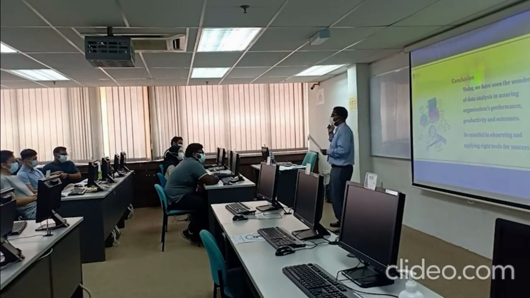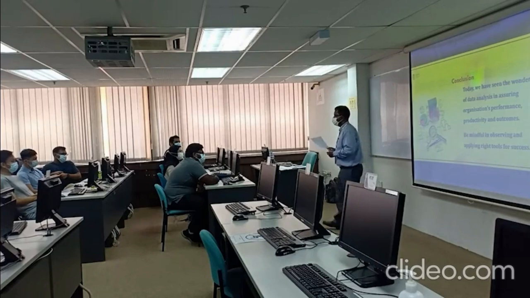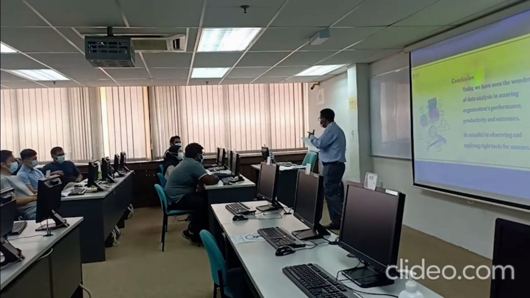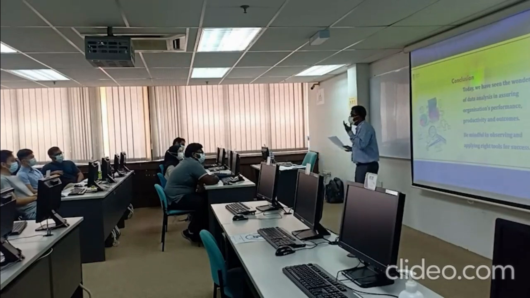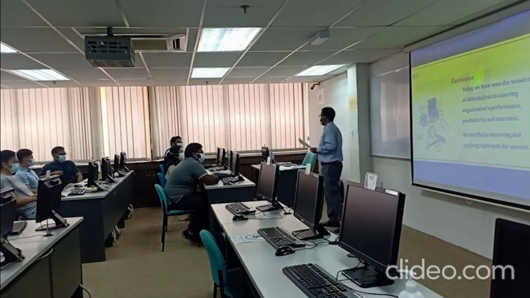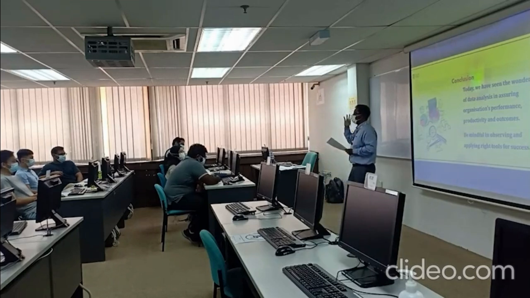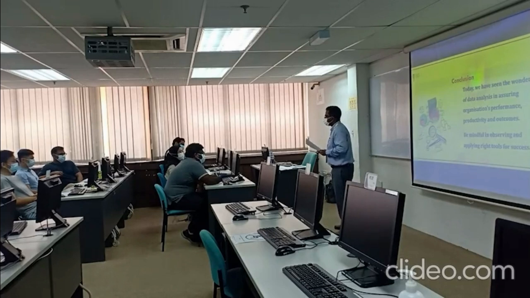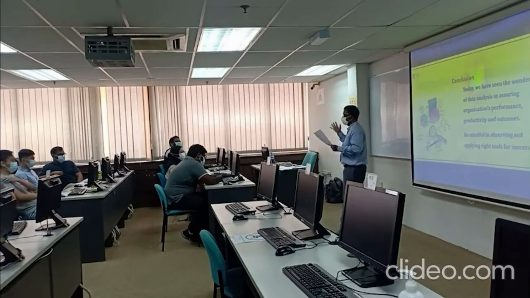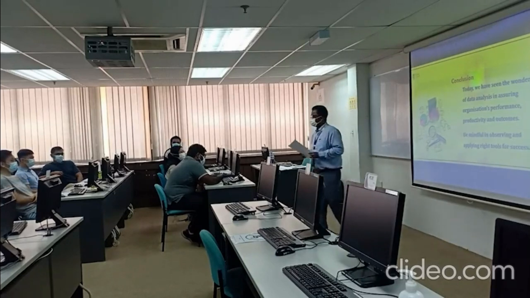What are the two types of numerical data? Can anyone say? No? Discrete data and continuous data. What do you understand by discrete data? Yeah, counted. Discrete data can be counted. Can you please give any example of discrete data? Number of cards. Number of girls.